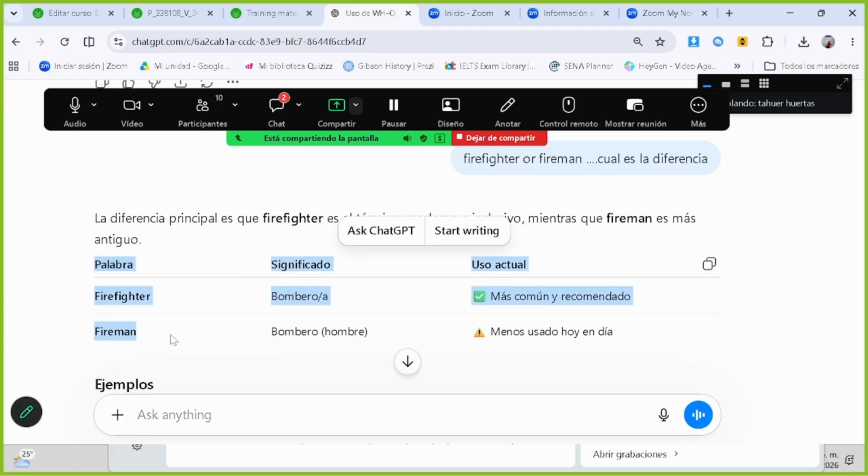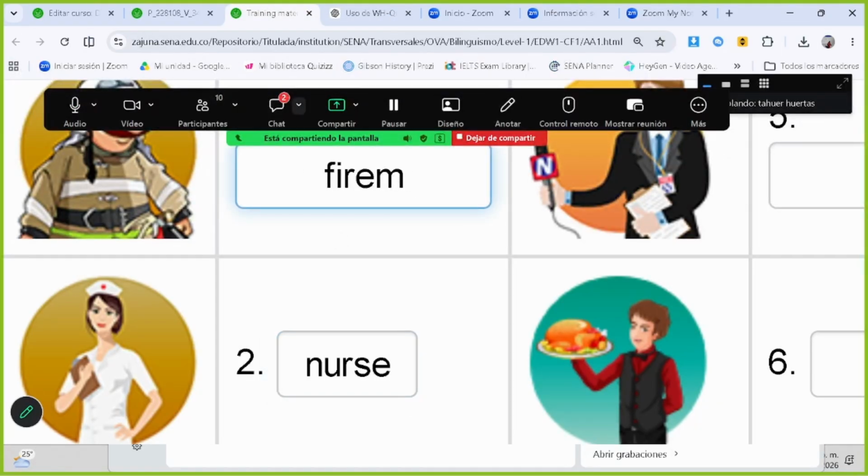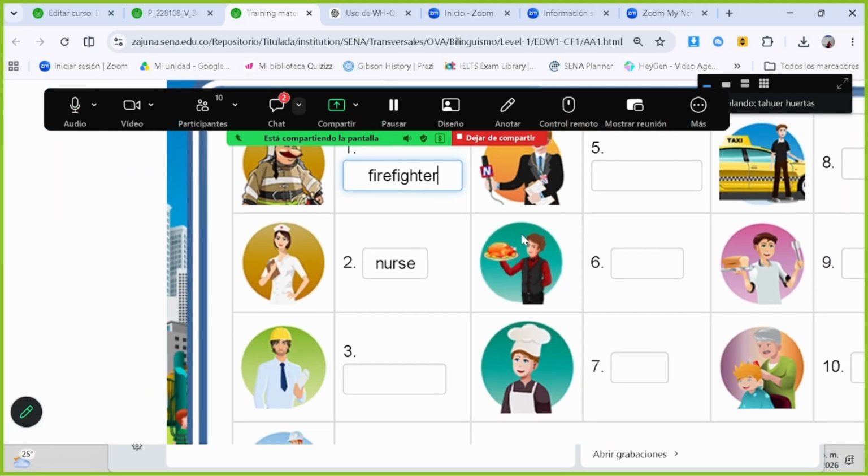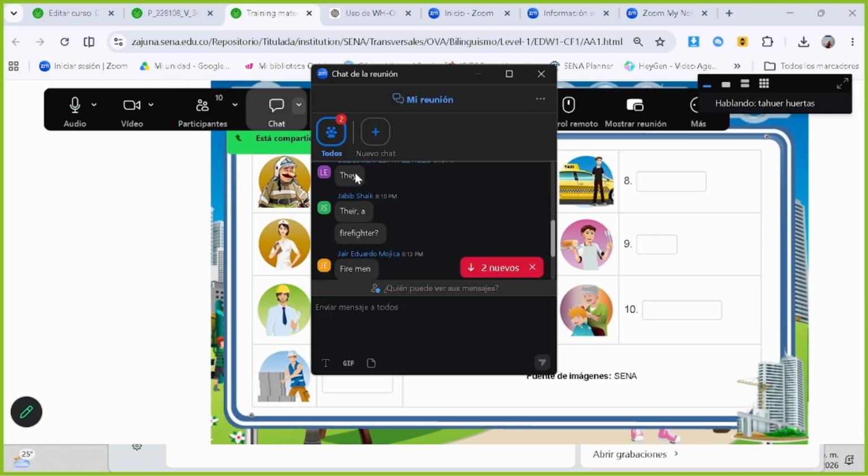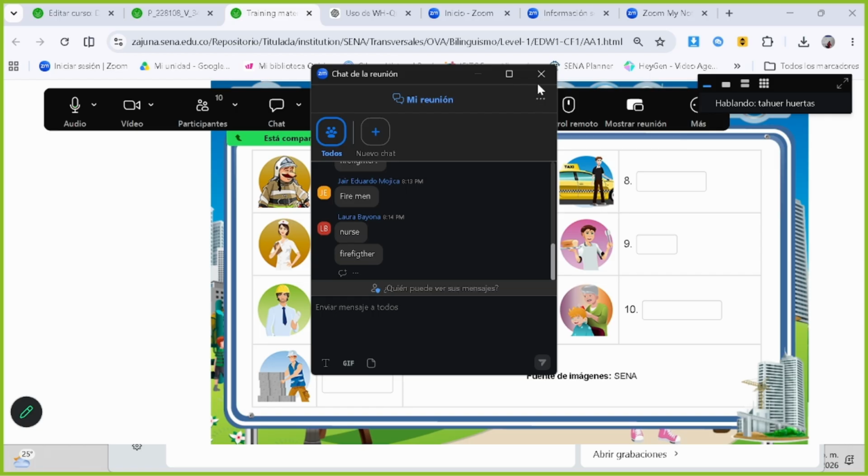Fireman is the same word, but it's not so common. Okay, that is the difference. So, firefighter, nurse. Tell me, number 1, 2, 3, 4, 5, 6, 7, 8, 9, 10.